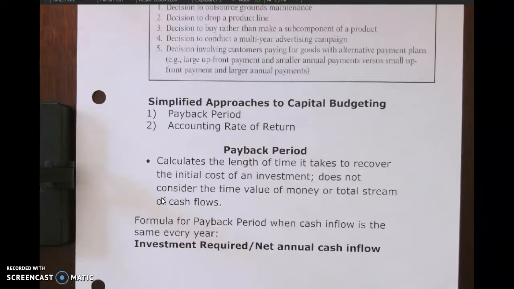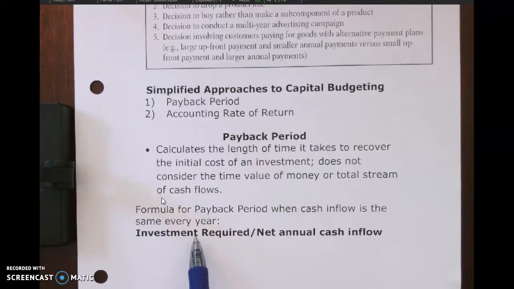Okay, so the cost is $10,000. The difference in salary is $5,000 a year. It would take us 2 years to recoup our money. So the payback would be 2 years. In order to calculate payback, we just take our investment required divided by our net annual cash inflow.